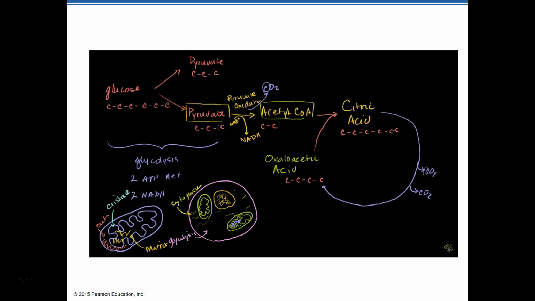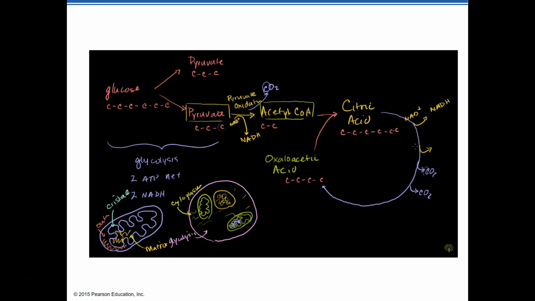But this cycle doesn't just generate carbons. The whole idea is to generate NADHs and FADH2s and ATPs. So, right here, and this is a huge simplification, I'll show you the detailed picture in a second. We'll reduce some NAD plus into NADH. We'll do it again. And of course, these are in separate steps.